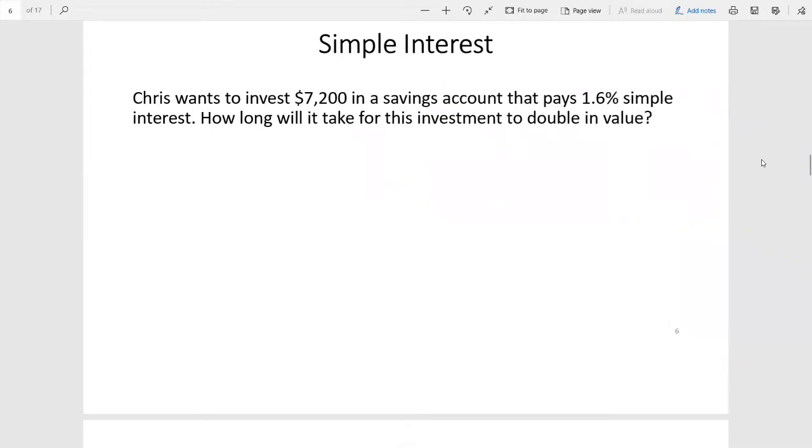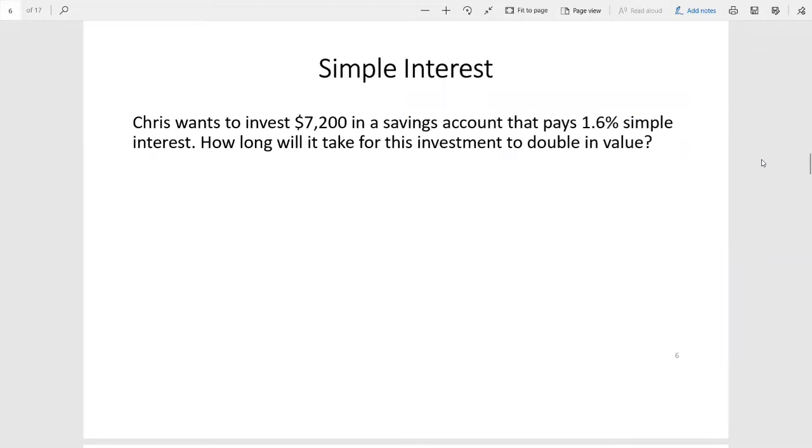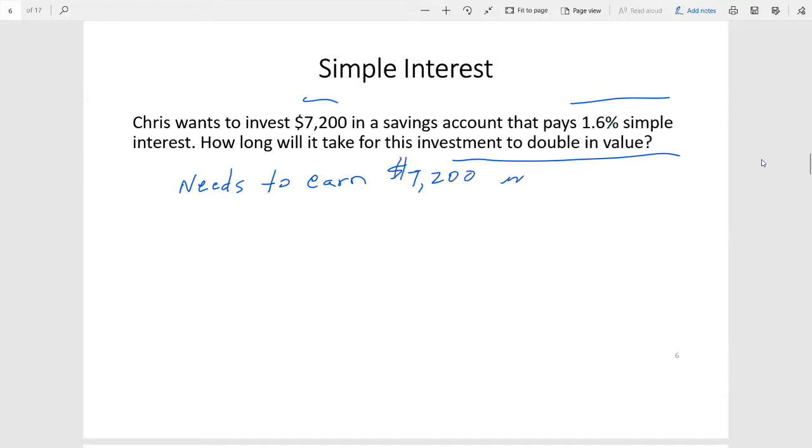Chris wants to invest $7,200 in a savings account that pays only 1.6% simple interest. How long will it take for his investment to double in value? So if it's going to double in value, he needs to earn $7,200 in interest.